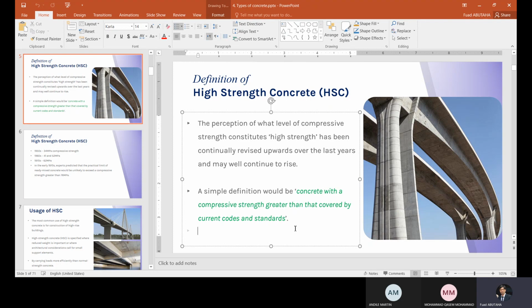So we have mix one with a maximum size of 14 millimeters, and the other mix with 19 or 20 millimeters maximum size of the aggregate. They have used the same contents.